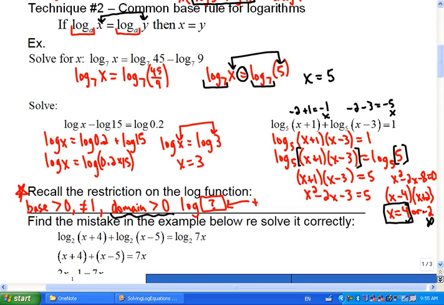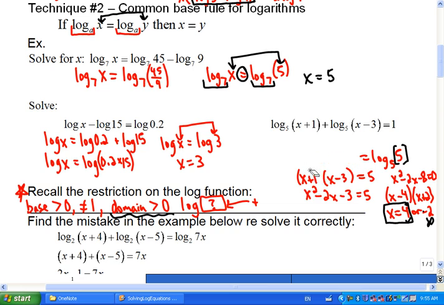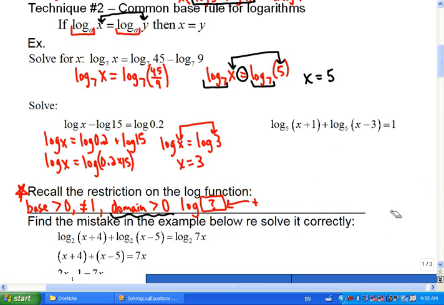Okay? Just to show you another quick alternative way we could have solved this one, I'm going to get rid of this. An alternative way we could have done it is we could have said, just like we did before, use the product rule to combine these.